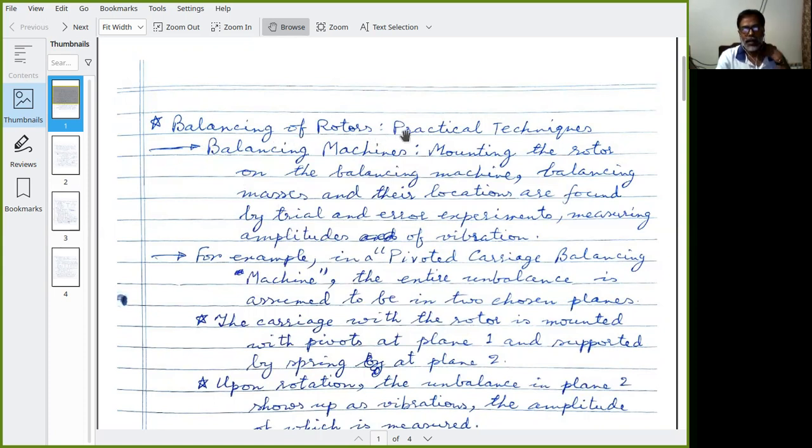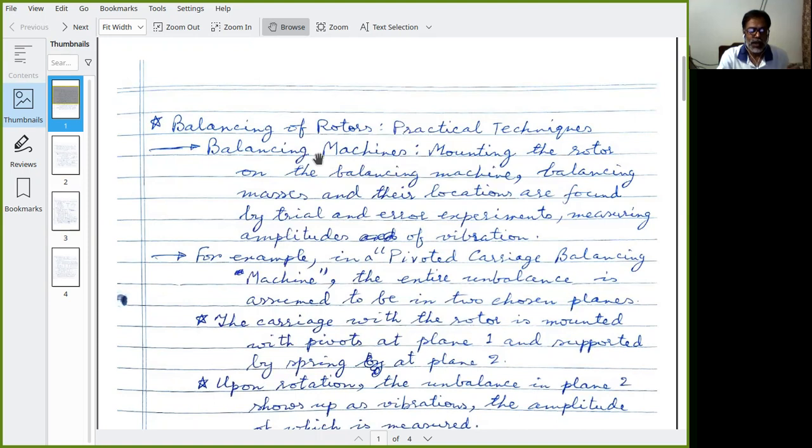In the last class, we closed with the question of how to know the unbalanced masses, or the information about the unbalancing, so that we can do the balancing. So in this lecture we will study the practical techniques to do the balancing.